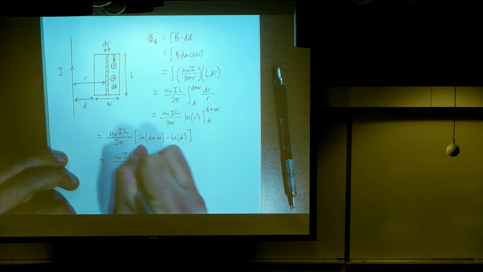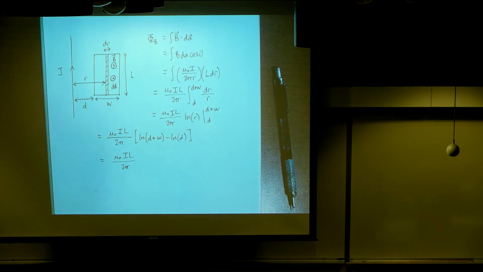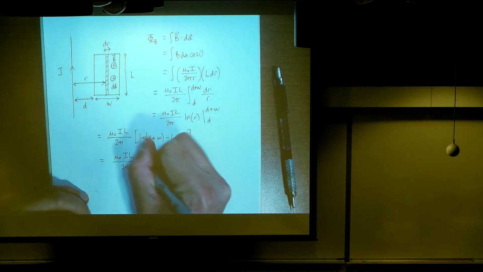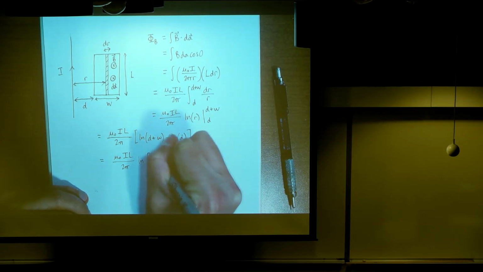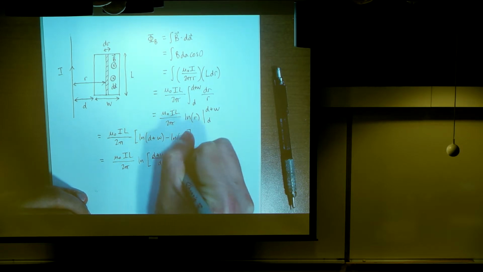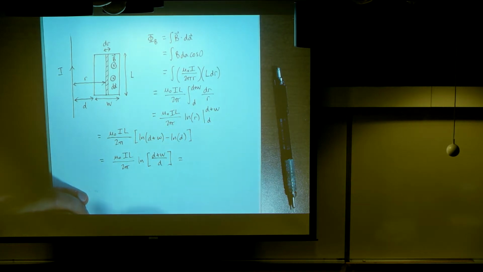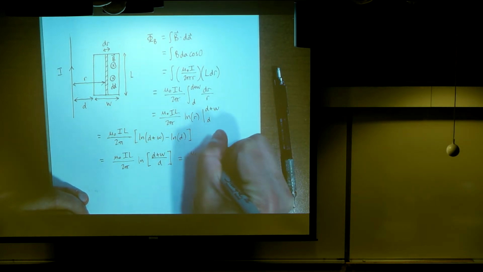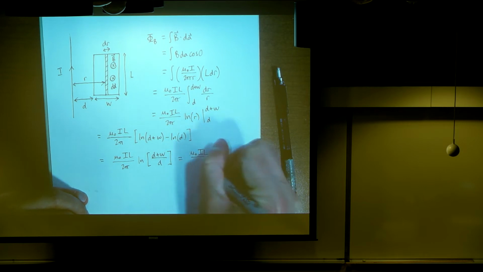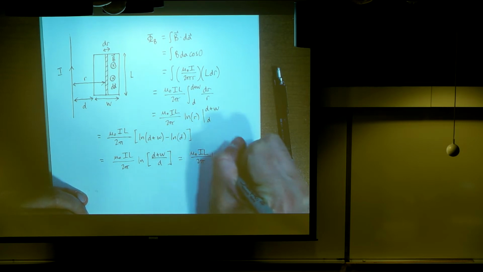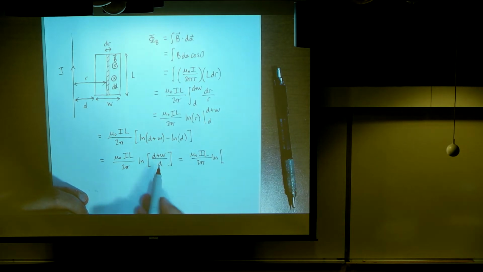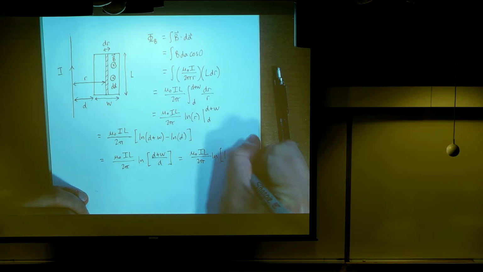Yeah, they can be divided within the same natural log because that's the subtraction property. So I have natural log of D plus W on top divided by D on the bottom. And then maybe just to simplify it one step further, I'll write this as mu naught times I times L divided by 2 pi times the natural log of, if I have D over D, that's just 1. And then the other term is plus W over D. So that's just how I'm going to write it.